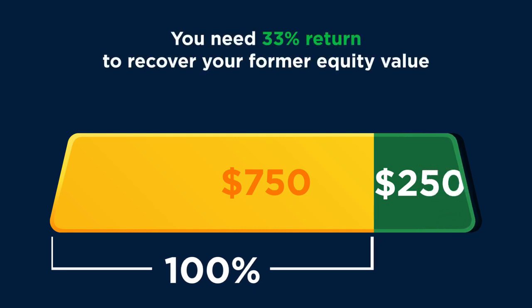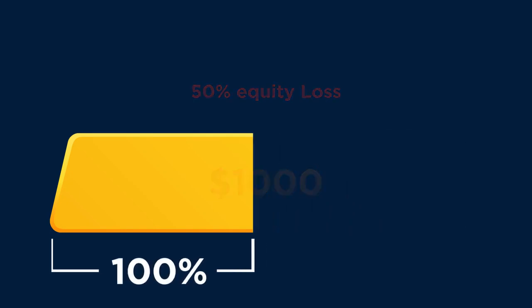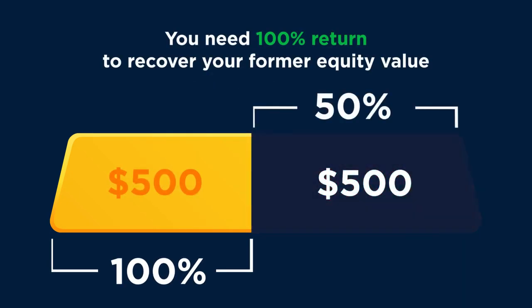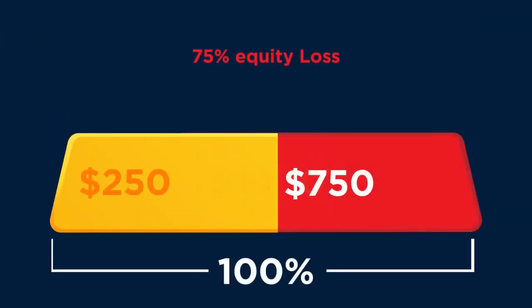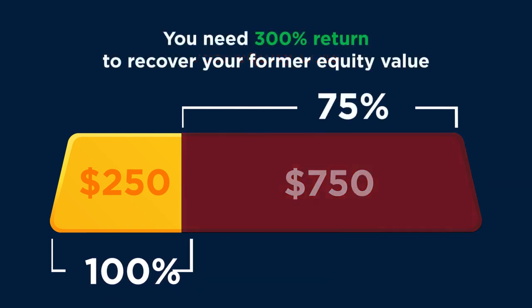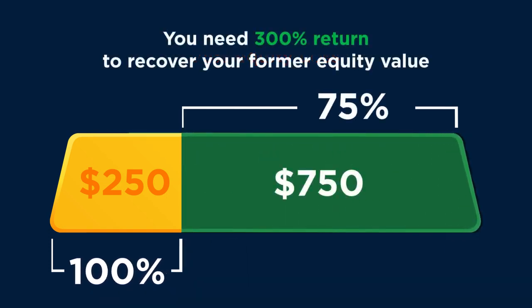For example, if you experience a 25% equity loss, you need to return 33% to recover your former equity value. If you experience a 50% equity loss, you need to return 100%. If you experience a 75% equity loss, you need to return 300% to recover your former equity value.